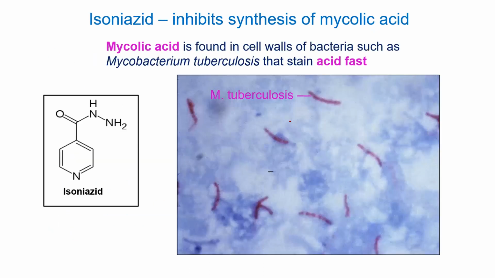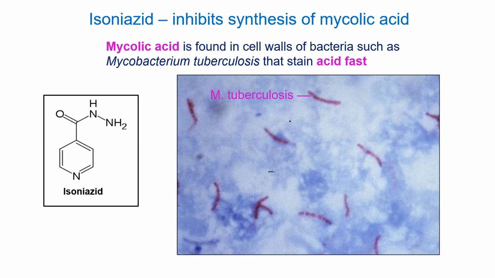So if you remember, we were talking about mycolic acid as being a unique feature found in the mycobacteria, such as Mycobacterium tuberculosis, and that it was kind of a waxy substance, and it made it really hard for these things to be gram stained, and actually protects them somewhat against immune cells.